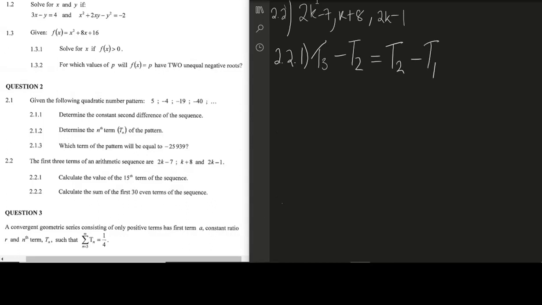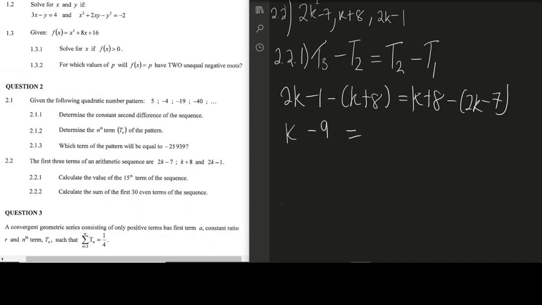Then that's 2k minus 1 minus (k plus 8) should be equal to k plus 8 minus (2k minus 7), right? Here we'll be left with k minus 9. On this side we'll be left with minus k plus 15.